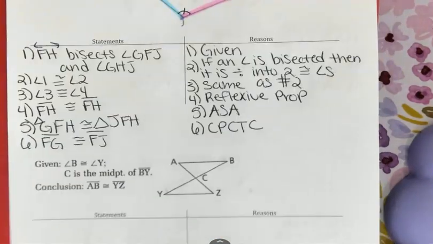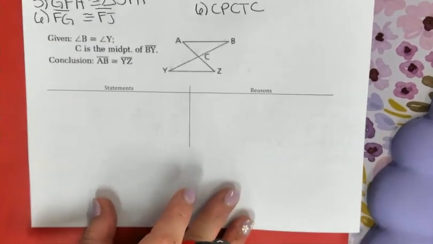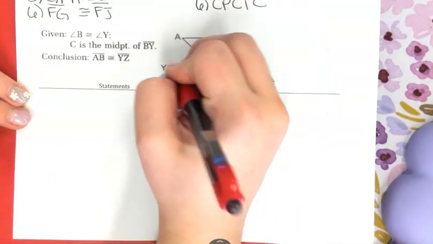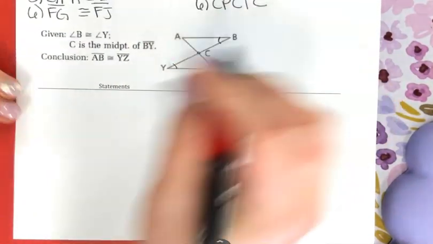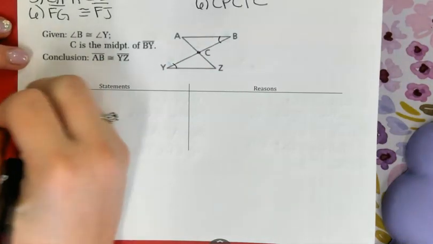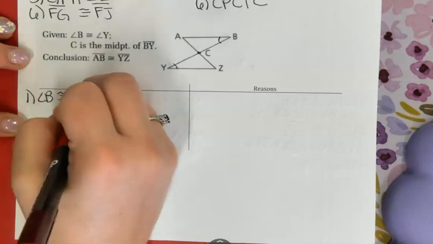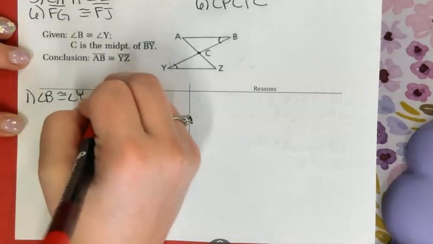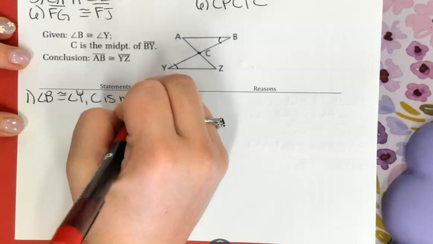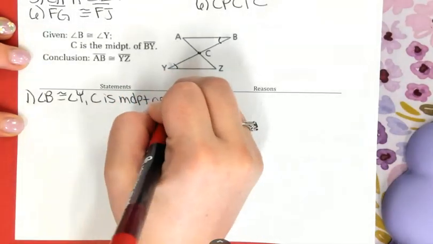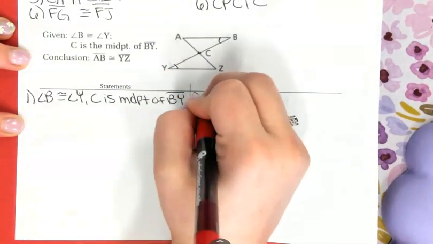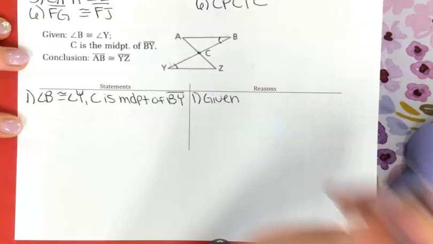Okay, last one. Angle B is congruent to angle Y, and C is the midpoint of BY. So I'm going to put those in one step. So I know I've got those congruent angles.